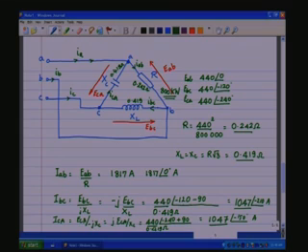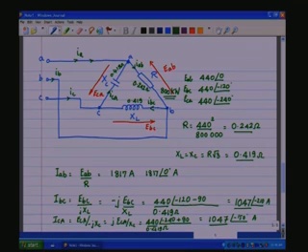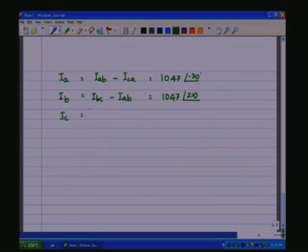Now IB is IBC minus IAB, which is also 1047 at a reference angle of 210, and then IC is, if you look at this figure here, ICA minus IBC, which is 1047 at a reference angle of 90 degrees.